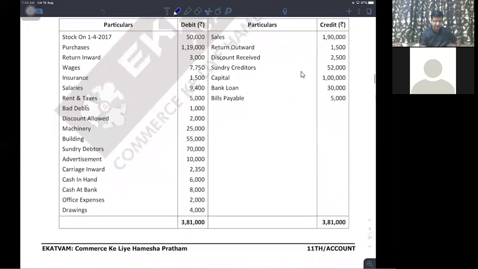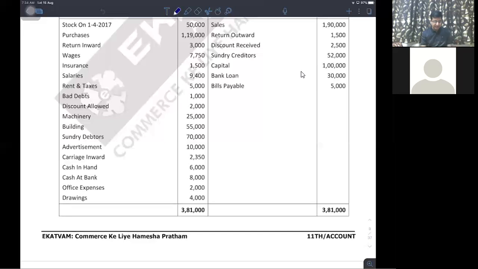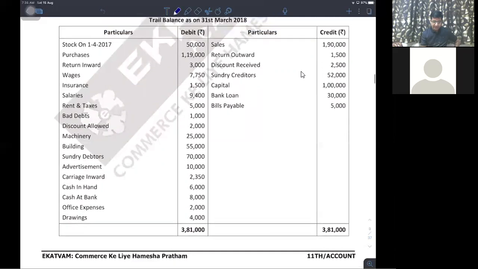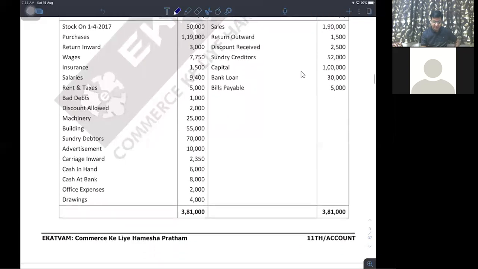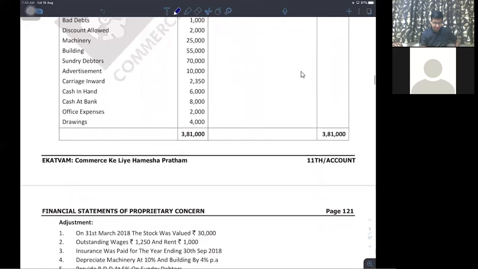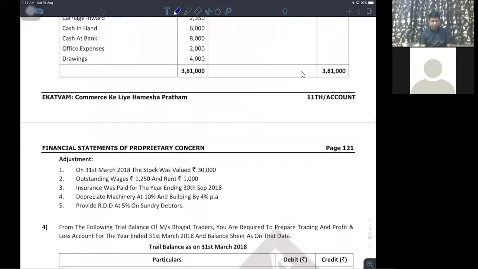Stock, purchases, sundry creditors, return inward, wages, insurance, salaries, rent and taxes, bad debts, discounts allowed, machinery, buildings, sundry debtors, advertisement, carriage inward, cash in hand, cash at bank, office expenses, drawings, and on the credit side, it is sales, return outward, discount received, and creditors, capital, bank loan, bills payable. On 31st March 2018, the stock was 30,000.